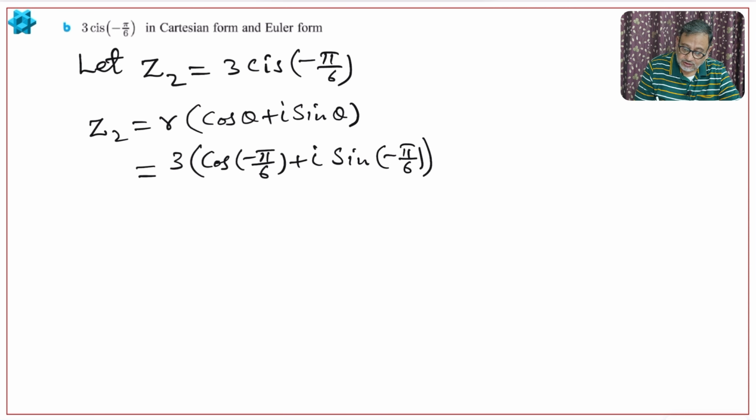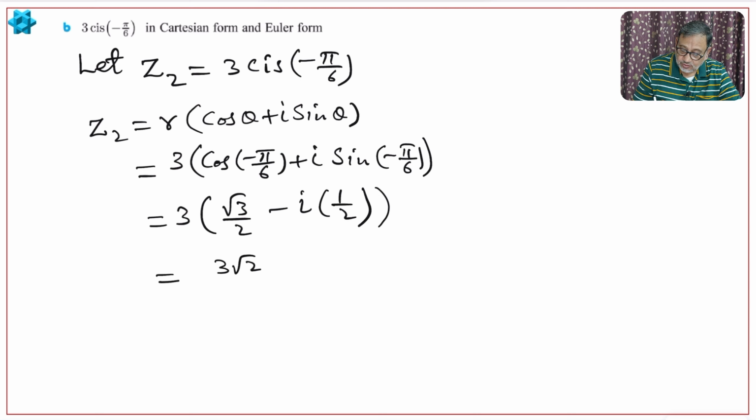We know that cos of negative pi by 6 will be cos of positive pi by 6, which will be root 3 by 2, and this negative sign will come out. Okay. So therefore minus i into sine of pi by 6, pi by 6 is 30 degrees, which will be half, right. So when we multiply, we get 3 root 3 by 2 minus 3 by 2 i. Okay. This is Cartesian form.